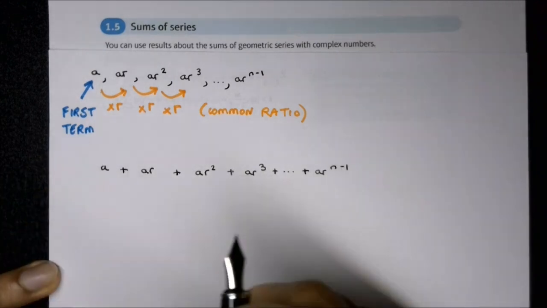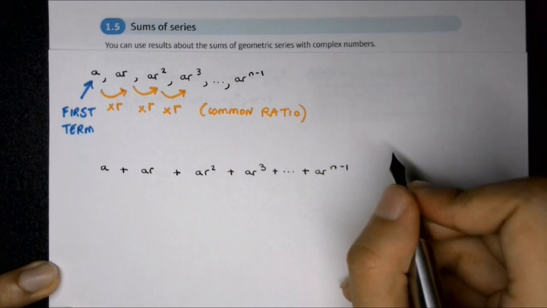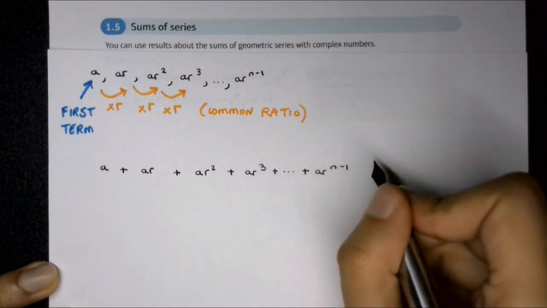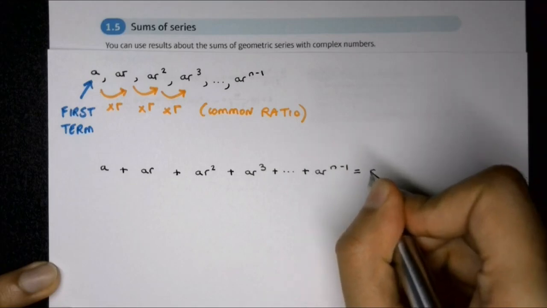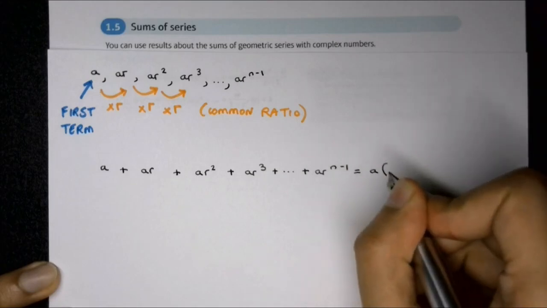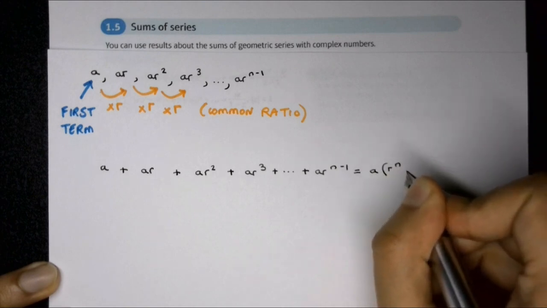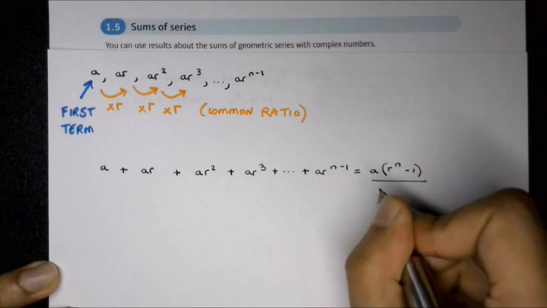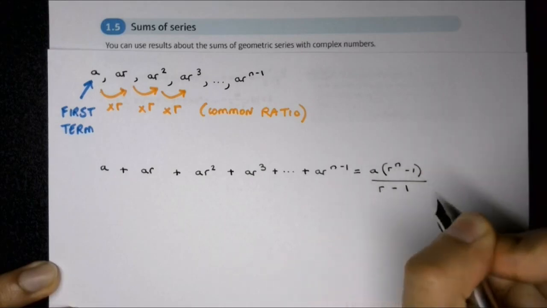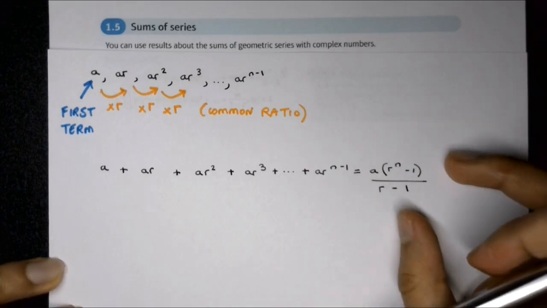And if we add all of this together, hopefully here you can see all of this is equal to a, lots of r to the power of n minus 1 divided by r minus 1. And you've met this result during the A-level maths course.